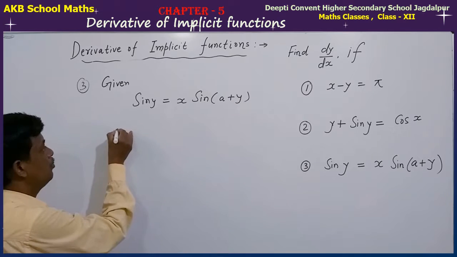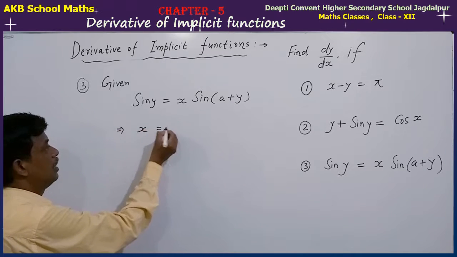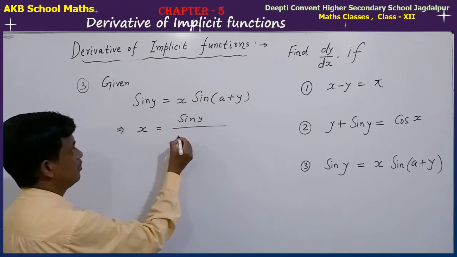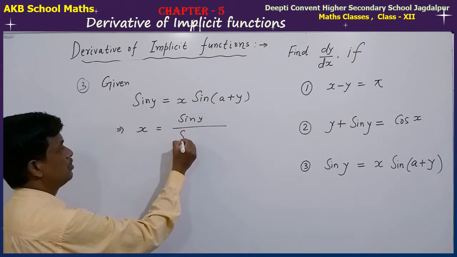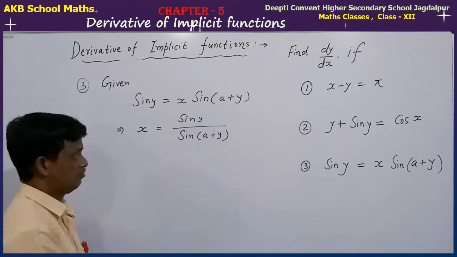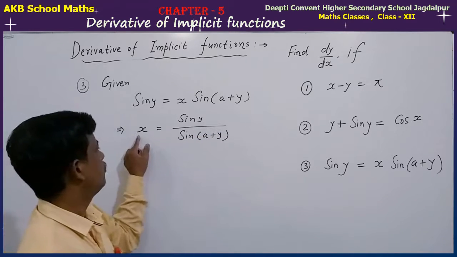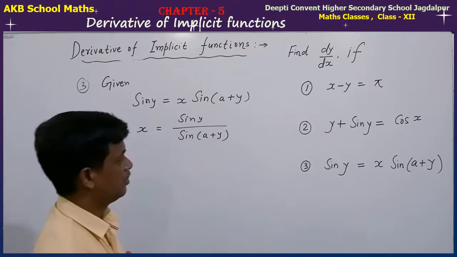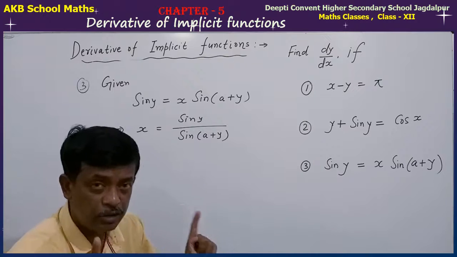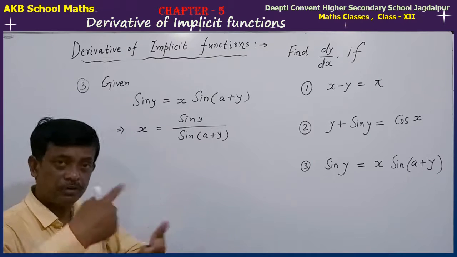Now we can write x equals sin y upon sin(a plus y). This is x, the value of x in terms of y. So we can differentiate directly. We can find dx by dy, then you have to convert it.